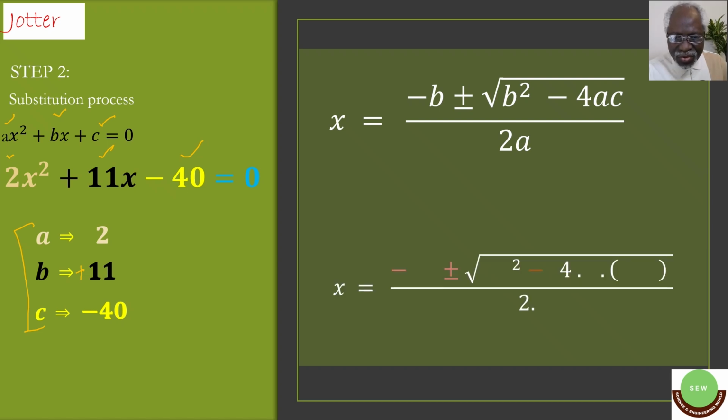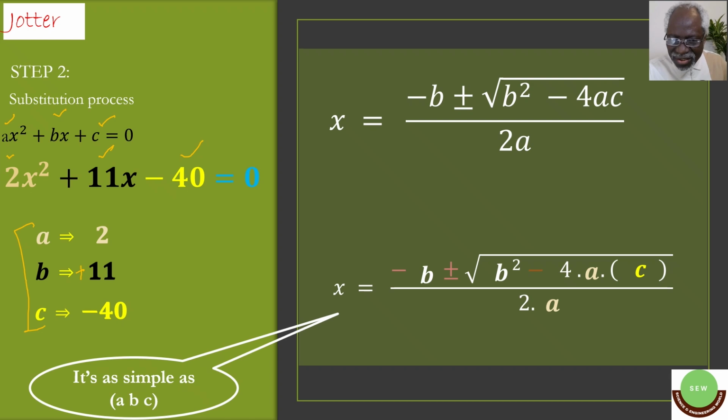to substitute. Like Grammar said, this is as simple as ABC. So we have the values of a, b, and c in this quadratic formula.